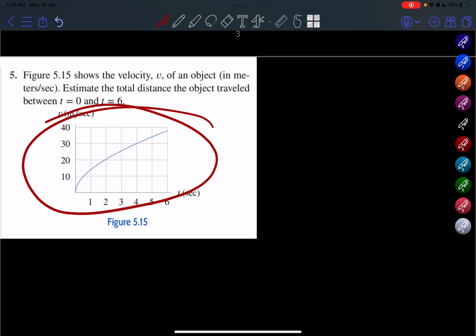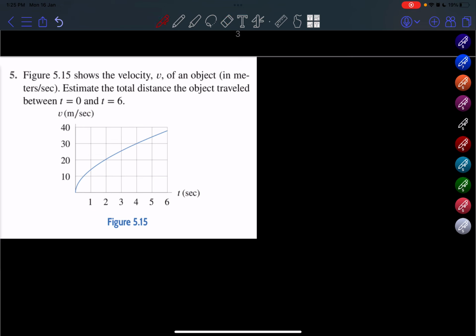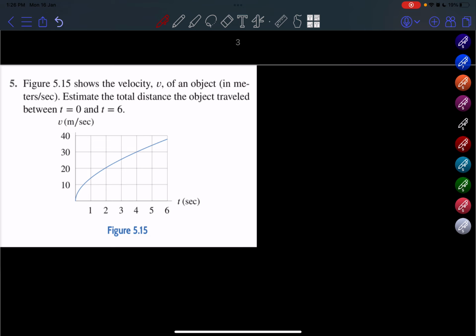Figure 5.5 shows the velocity v of an object in meters per second. I'm guessing this is a unit. Estimate the total distance the object traveled between t equals 0 and t equals 6. So I'm pretty sure that n is in this case 6.